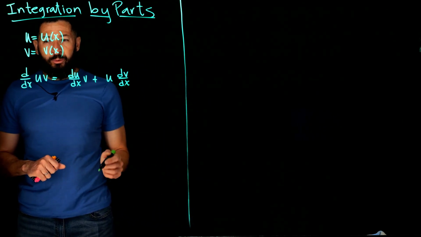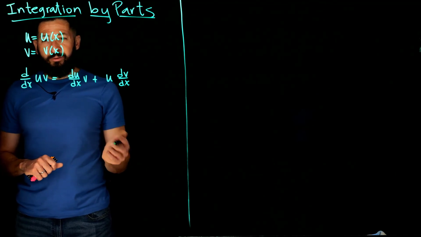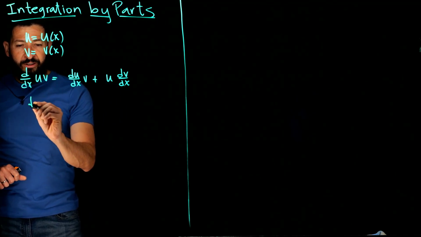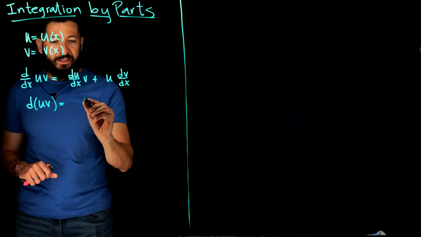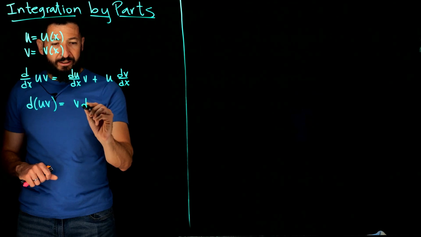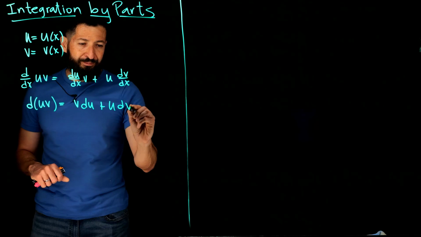So let's say that we want to integrate. We can rewrite this in terms of differentials. So the differential of u times v is going to be v du plus u dv.